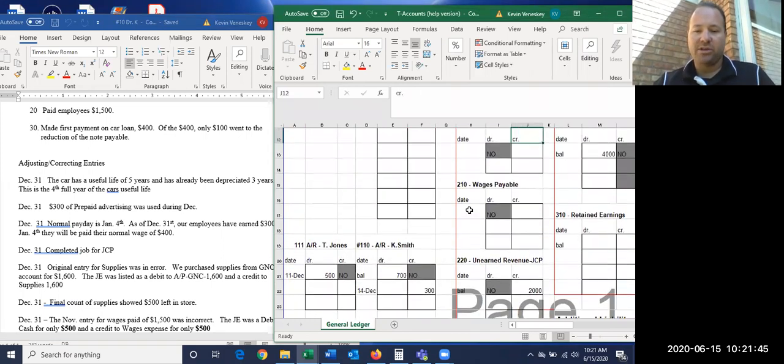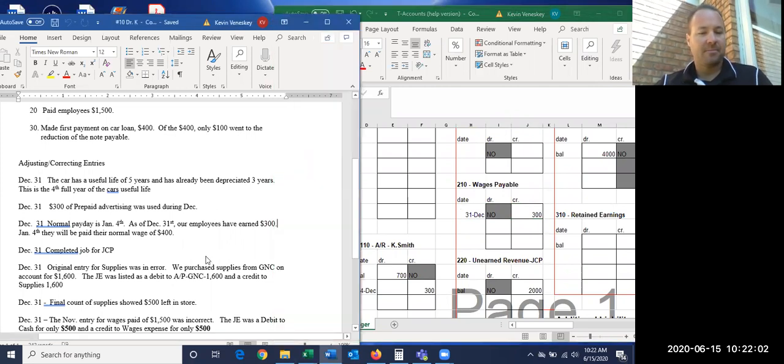What I do is I come to wages payable and show that I owe them the $300 for their December work. Again, that $400, that's just extra information. I'll deal with that total come next year into January.